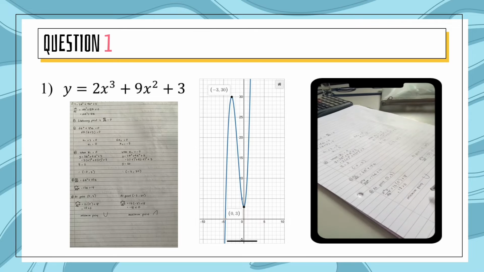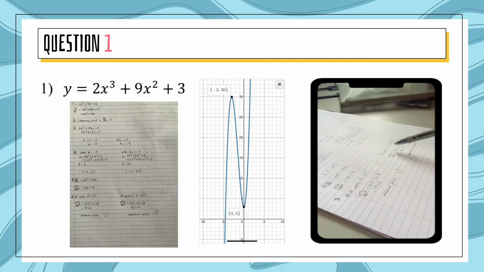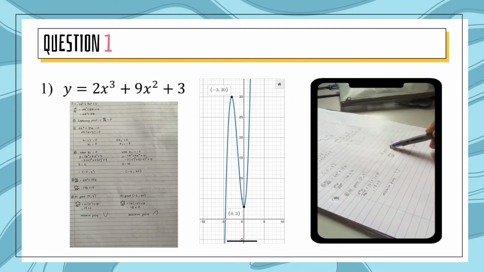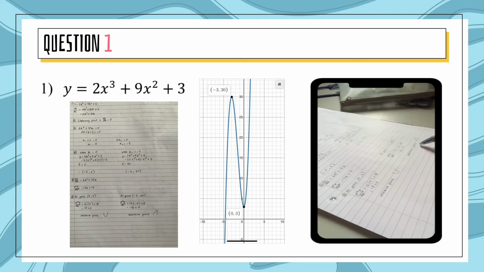This is a minimum point. The other point is at negative 3 and 30, and we got the maximum point on the graph will be like this. Thank you.